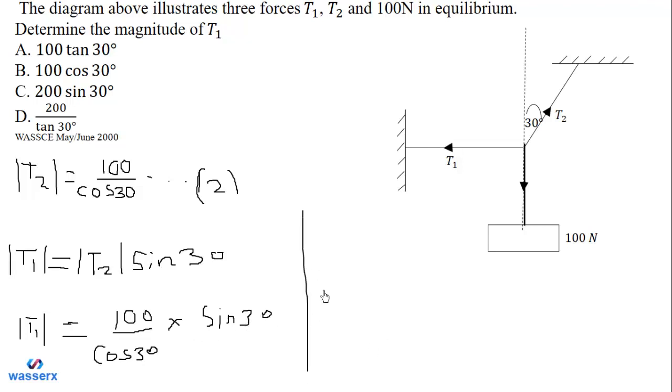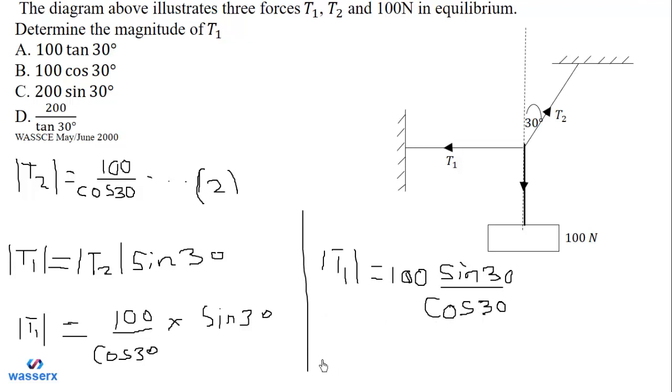And now we rewrite this as magnitude of T1 equal to 100 sine 30 over cos 30. And we know from basic trigonometry that sine 30 over cos 30 is equal to tan 30 degrees. Therefore the correct answer is option A.